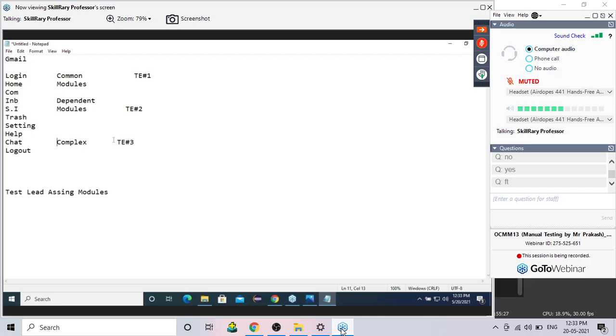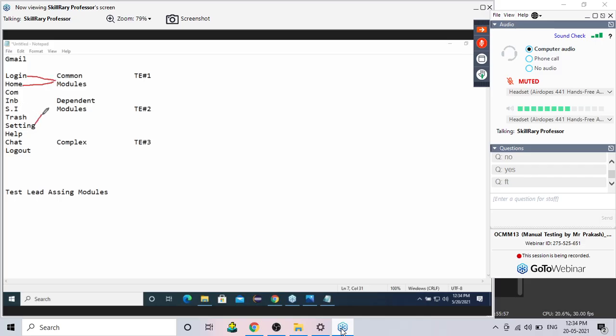Now observe. Generally, every test engineer, even though they are testing different modules, first they have to log in, yes or no? And also at the end of the day, they have to log out also. So now observe, guys, when I say common modules, can I say this login home module is also common for everyone?